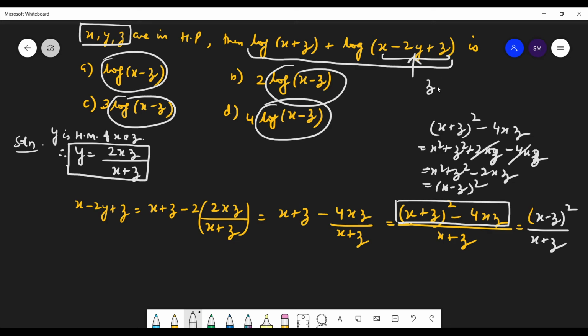So students, x plus z whole square and the relation between x minus z whole square, the relation between them is here put 4xz. So that's the relation. Okay. So you have got this value.